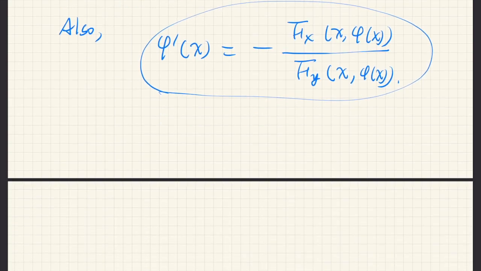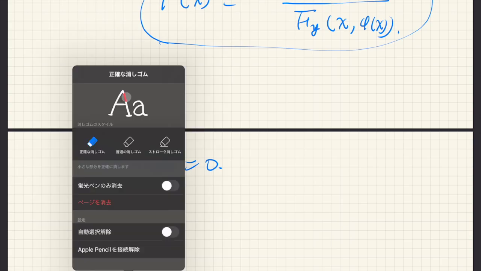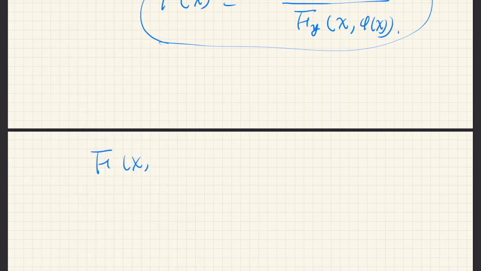very easily. That is, if we differentiate f of x, y equal to 0, actually let's replace y with phi of x, equal to 0, and let's differentiate this equation, both sides, with respect to x. So using the multivariate chain rule, and this x is considered as a function of x, so it's a trivial function, and this phi of x is of course a function of x.